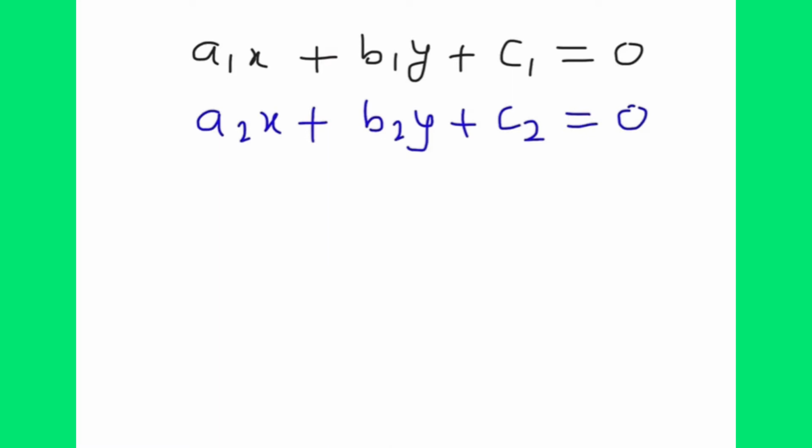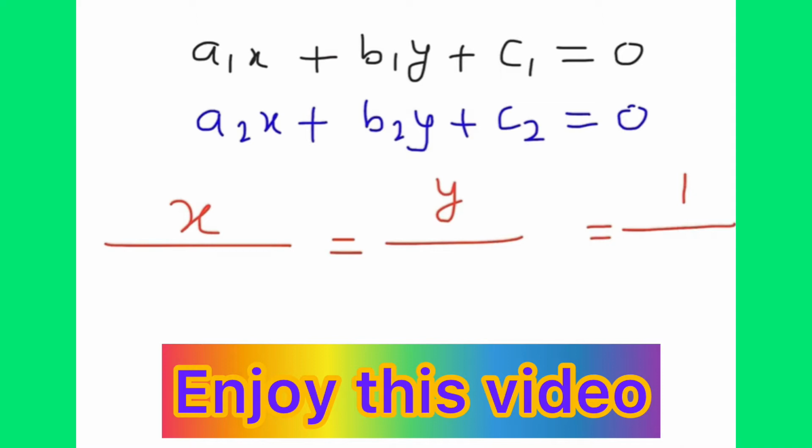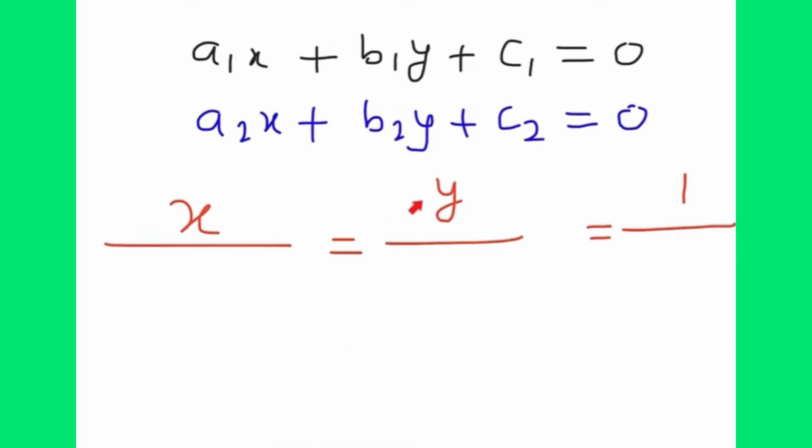Now for cross multiplication we write x upon, equal to y upon, equal to 1 upon. Keep in mind there are three terms; the first is positive, the next is negative, and the last is positive, so you mark the negative sign on the middle one.